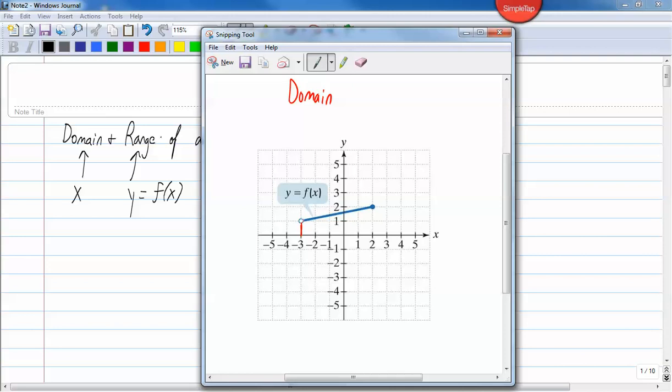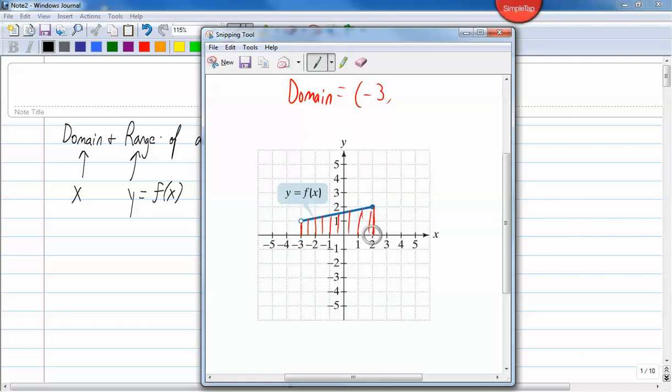Notice there's an open circle here on the end. When there's an open circle, we put a parentheses. So parentheses -3. And then we can draw a line up from all of these x values. So it includes all of these, all of these, all of these, until I get to x equals 2.